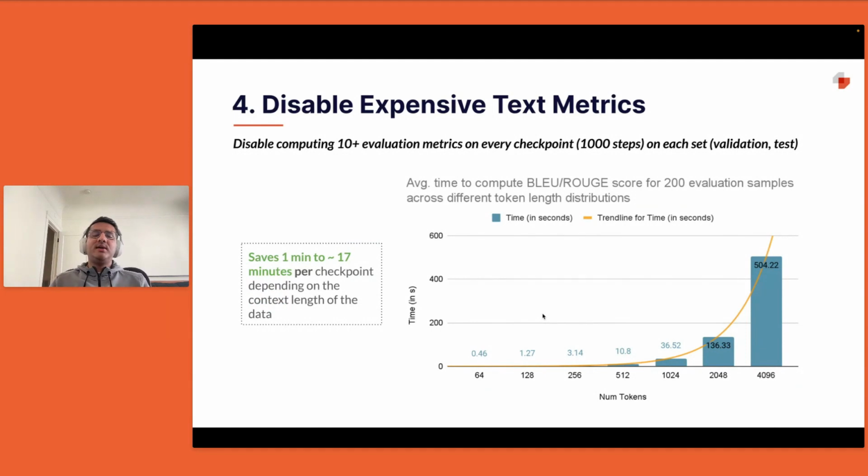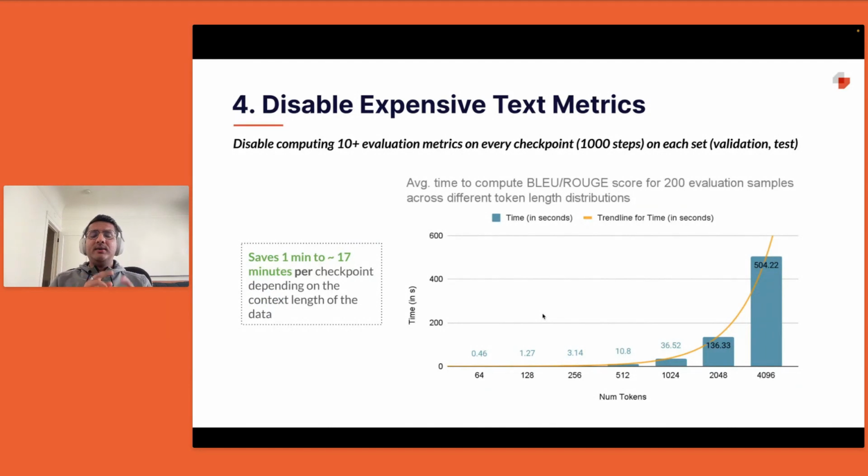And it's really hard to gauge the numeric values of BLEU and ROUGE score just from training data. Instead, those metrics are better if they're computed post-training on a custom data set, let's say for summarization. Also, these metrics aren't really good for all use cases. But what's really interesting about them is that they're actually very expensive to compute.